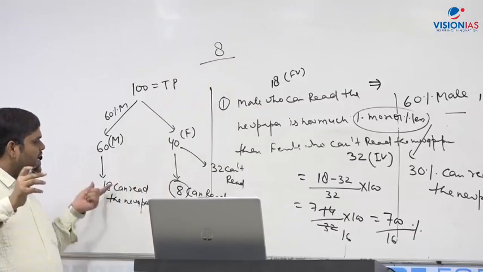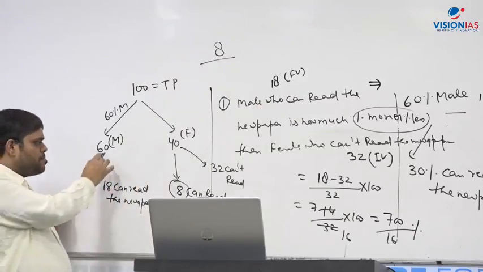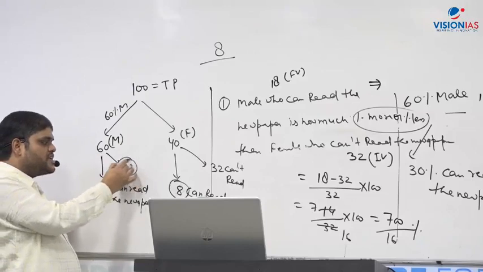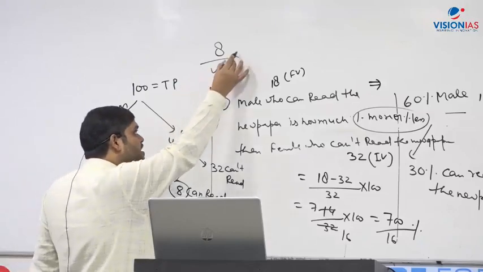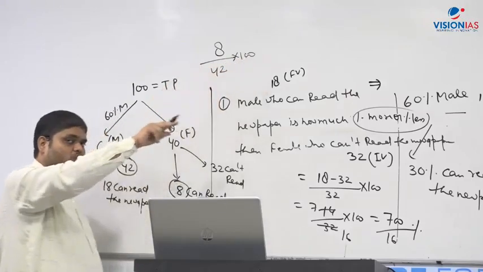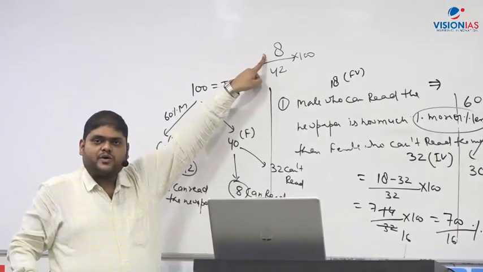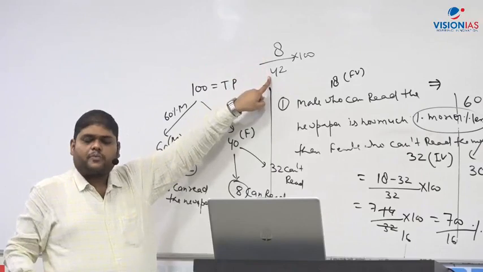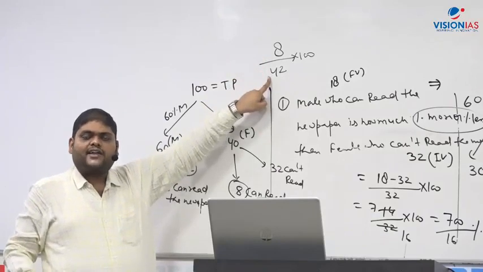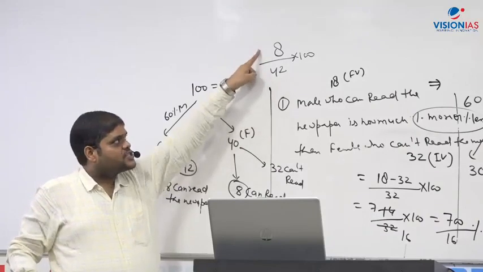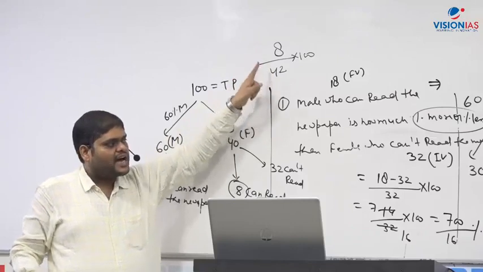The male who cannot read is 42. So it is 8 upon 42 into 100, that is x upon y into 100. X is what percent of y.